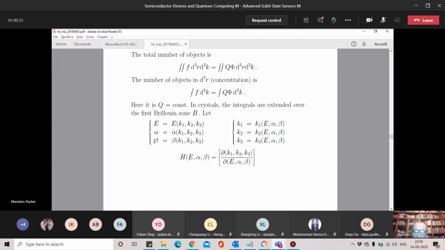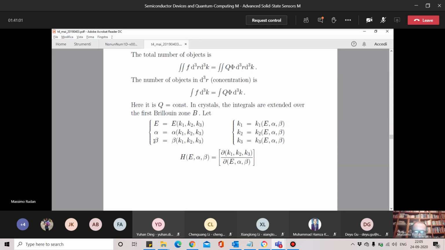Then we assume that this transformation is invertible, so that we can also write K1 as a function of energy, alpha, and beta, and the same for K2 and K3. And since we must perform integrations, you remember, when you change the variables in an integration, you have to change also the differential. So you need the Jacobian determinant of the transformation, okay?